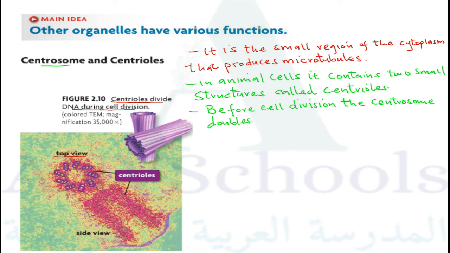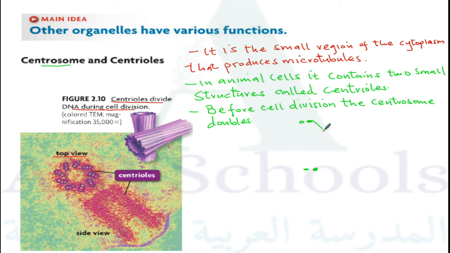So as the centrosome duplicates, we will find the two centrosomes in different directions of the cell, and they will develop microtubules.